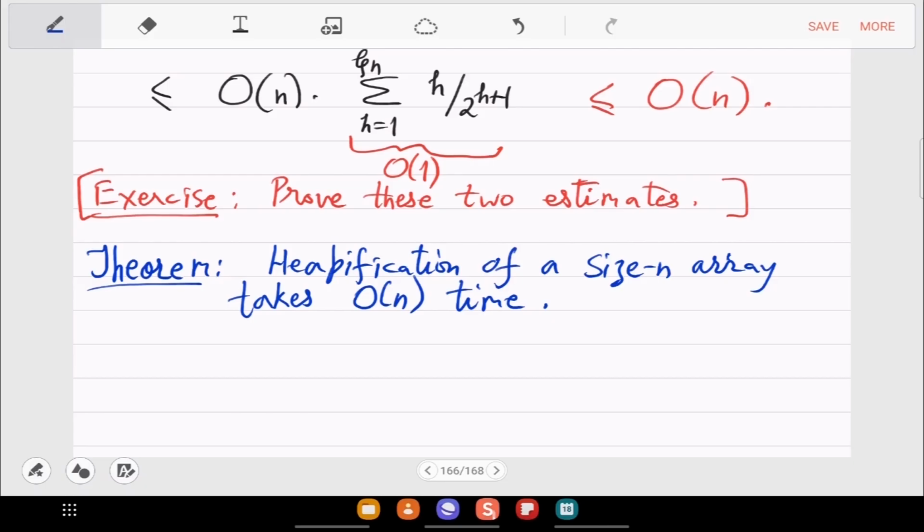Can this be faster than linear time? It cannot be, because in the heap, everywhere the axiom has to be checked. If you miss a single element in the heap, if you don't check the heap axiom, then one may adversarially fix that element.